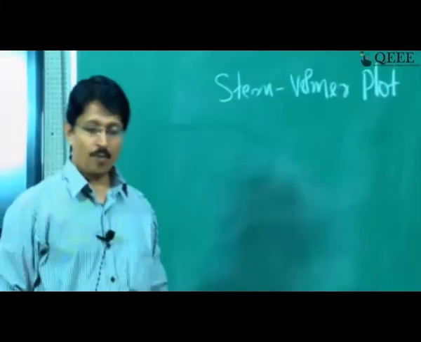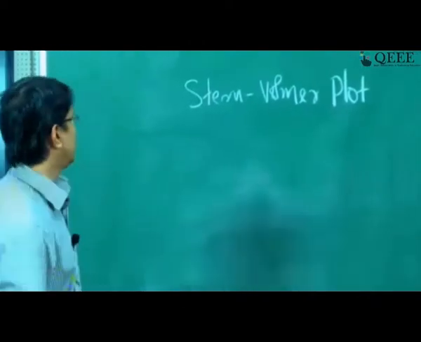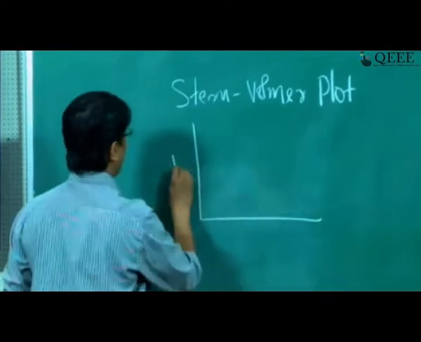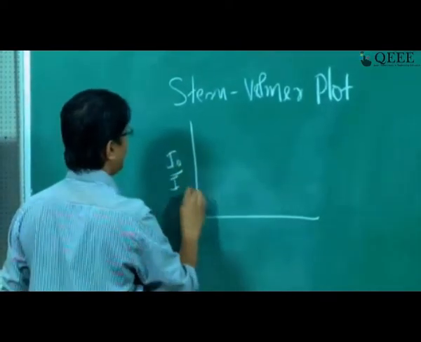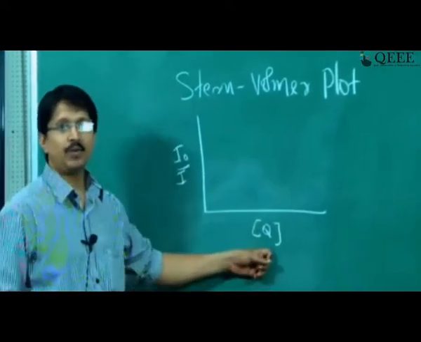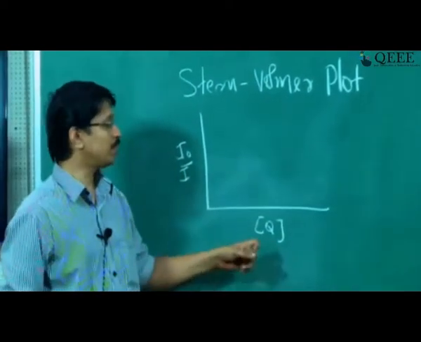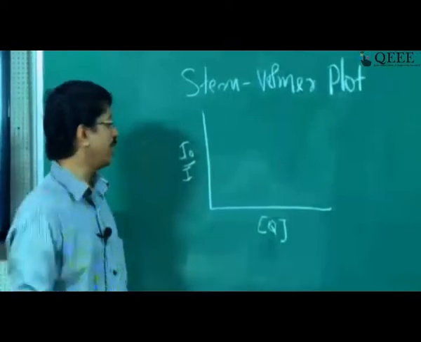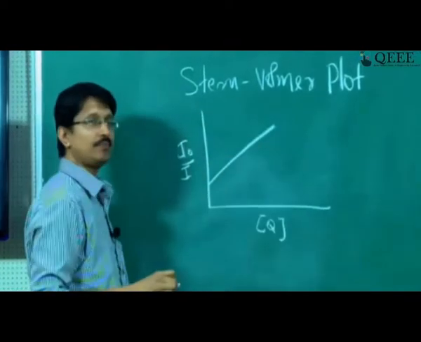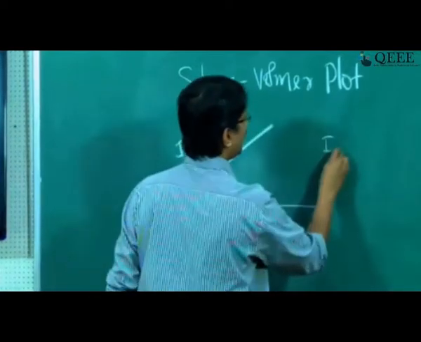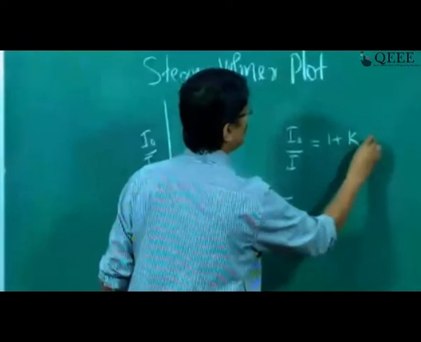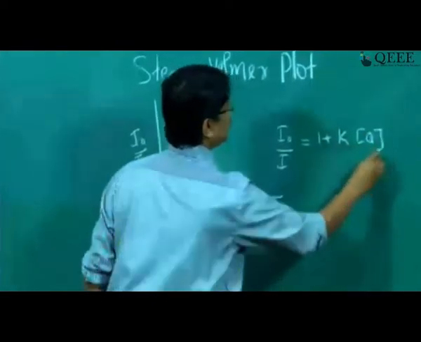The Stern-Volmer plot is a plot of I0 by I versus the concentration of the species that you are adding, the quencher concentration. You are supposed to get a linear plot. The equation is I0 by I is equal to 1 plus some constant times quencher concentration.